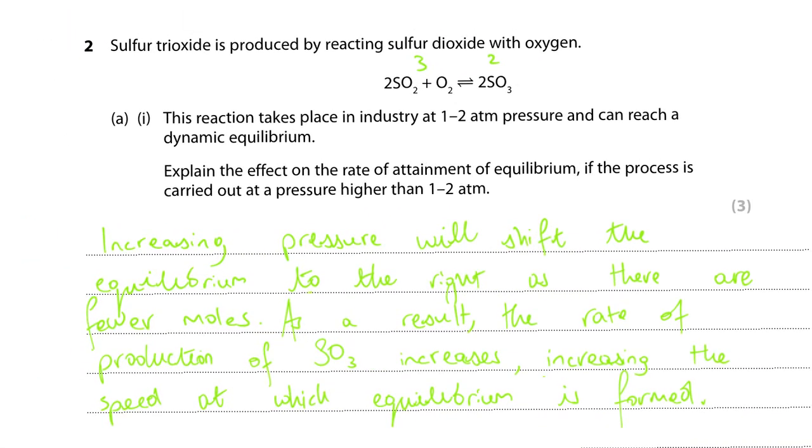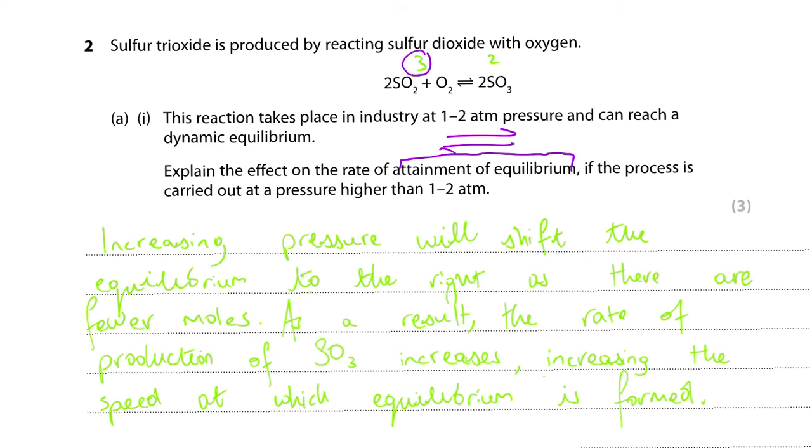Sulfur trioxide is produced by reacting sulfur dioxide with water. The reaction takes place in industry at 1 to 2 atmospheres pressure and can reach a dynamic equilibrium. Explain the effect of the attainment of equilibrium if the process is carried out at a higher pressure. So how quickly are we going to get to the backwards and forwards being equal? Well, first of all, I know that for the equilibrium, if I increase pressure, I will shift to the side with the fewest moles.